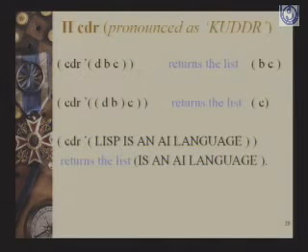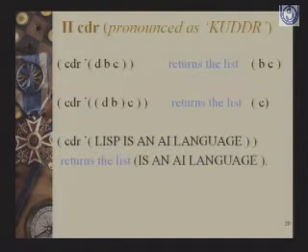Here CDR, as I mentioned, again has its argument as a quoted list. But what it does is that whatever car returned, it drops that element, and whatever is left of the list after dropping the first element is returned. That is, CDR always returns a list, and it takes its argument also as a list. So in this particular case, CDR of the quoted list DBC.